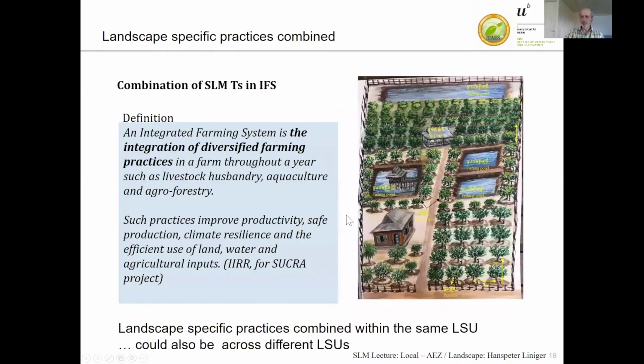Okay, and then we were looking at this situation, for instance, within one landscape, specific combined practices that you have, which is called here integrated diversified farming practices, these integrated farming systems.